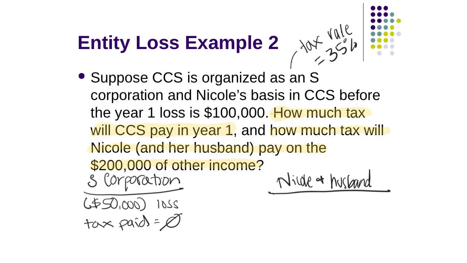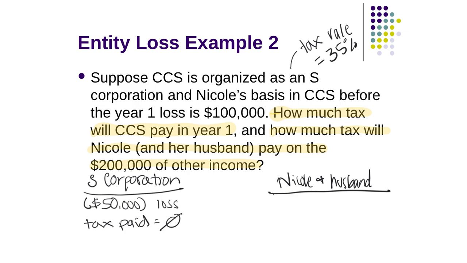The tax paid is 0 for an S corporation because an S corporation is considered a flow-through entity. And flow-through entities are not the entities actually paying the tax.